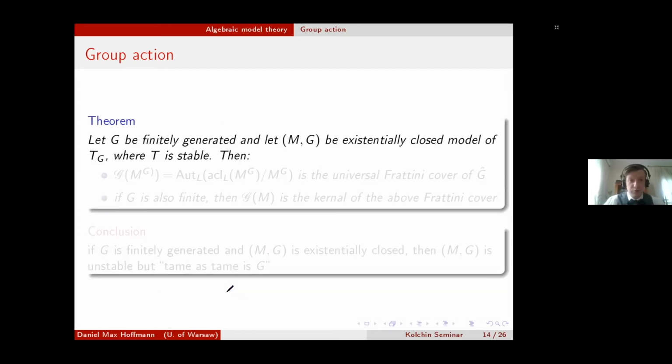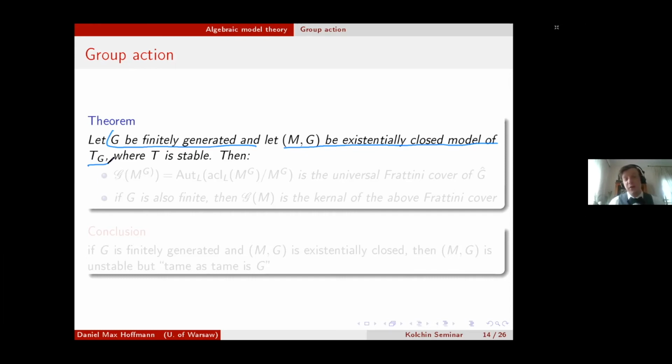Okay, so if you have a finitely generated group G, because we need to have some connection between G and model theoretic properties, and we will establish this by looking at the absolute Galois groups. So we start with G, which is finitely generated, and say that we have an existentially closed model of TG.